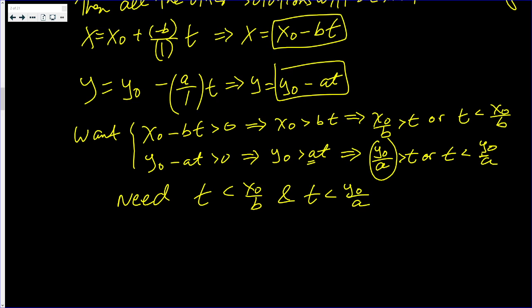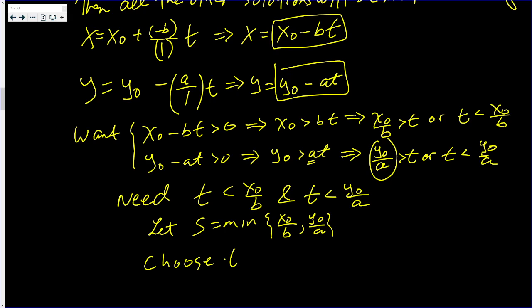Now, let s equal the min of x0 over b, comma, y0 over a. So just choose t to be less than the min.